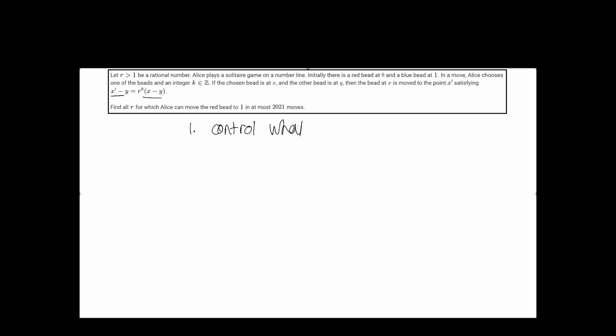what seems free in some way. And this way could be an invariant, as we found in the problem here, or it could be something else entirely.